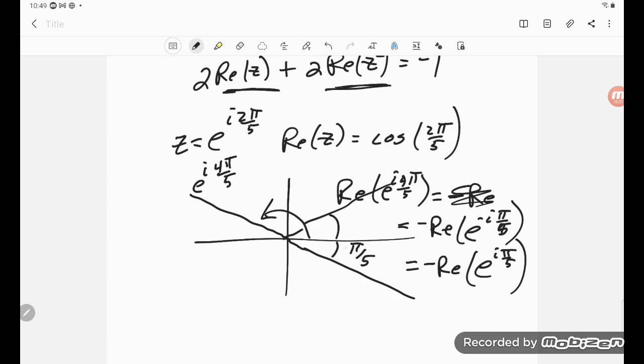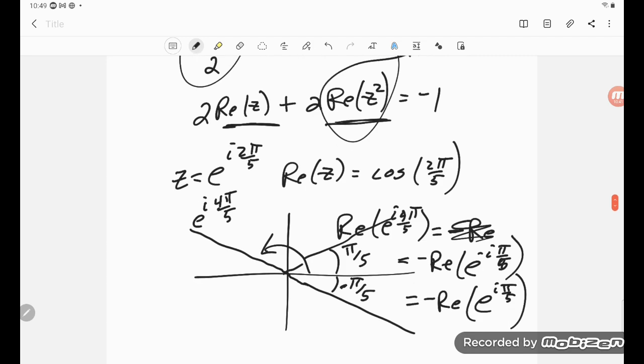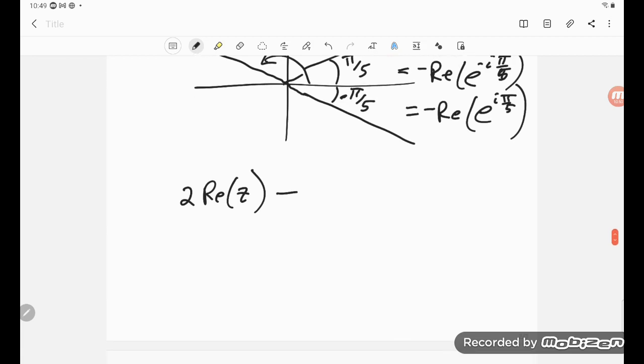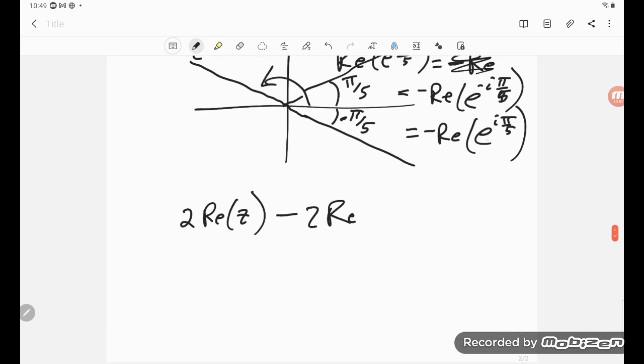And so this thing here I can rewrite so that I have 2 times the real part of z minus, and I'll write it this way for the moment, 2 times the real part of e to the i pi over 5. Well, that's actually the square root of z, or z to the 1/2.